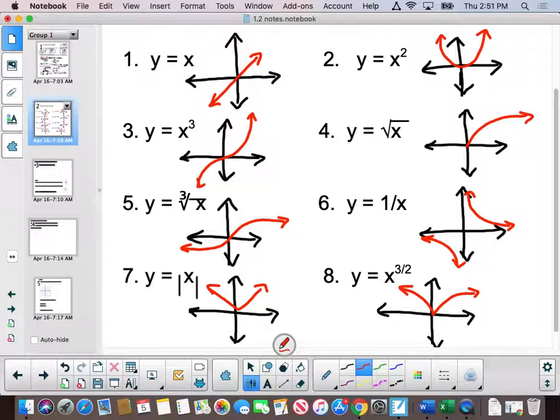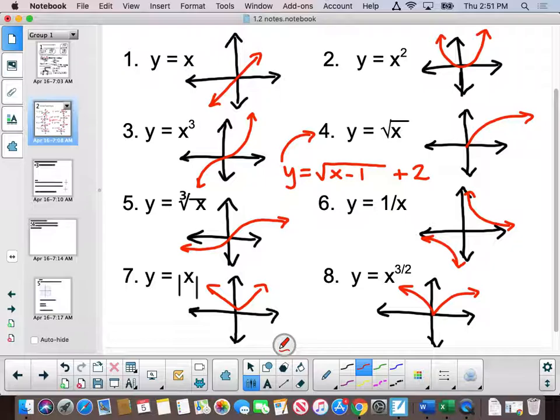So basically these are called parent graphs, and for example, you could have y equals the square root of x minus 1, and then you could have a plus 2 out here. You're staring at this one and going, wait a second, that looks like the square root graph. I know what the parent graph looks like without using my graphing calculator, because half of your AP test is without a calculator and half of it is with a calculator.